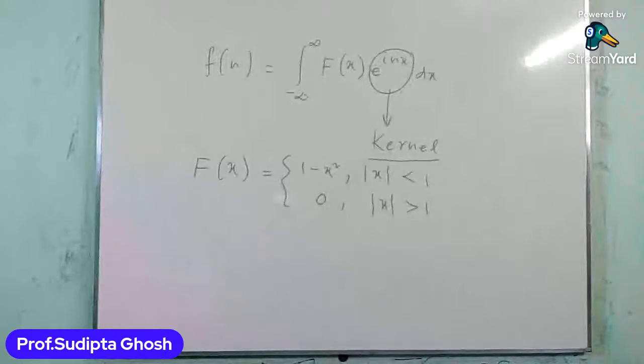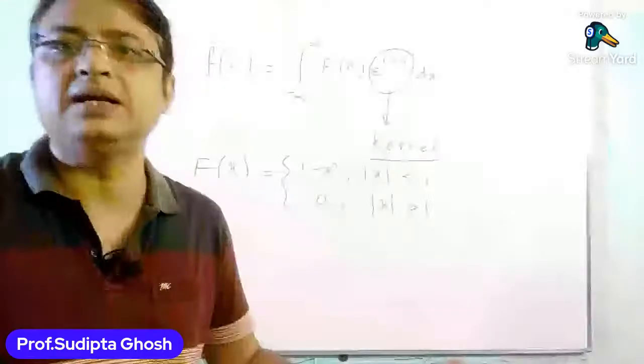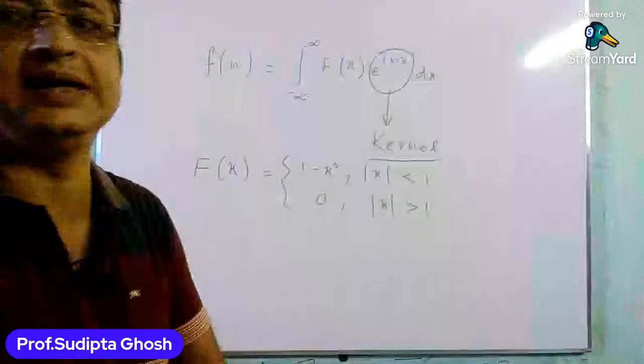Now, as in the formula given above, we can see that here the limit can be written from minus infinity to plus infinity as well. But as the function is defined here as 1 minus x square, where mod x is less than 1, that means within the limit minus 1 to plus 1, the function is defined.